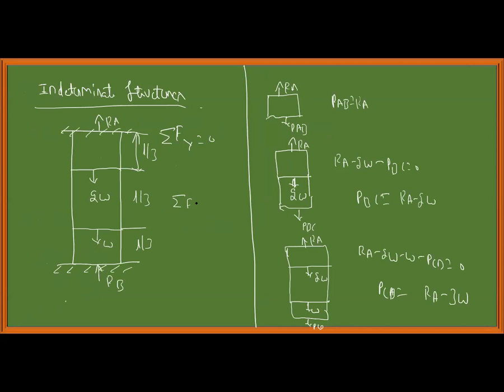Summation of forces in the y direction is equal to 0. 5 by 3W is acting upwards as we assumed. Our sign convention, the direction we assumed and the answer we obtained are the same.